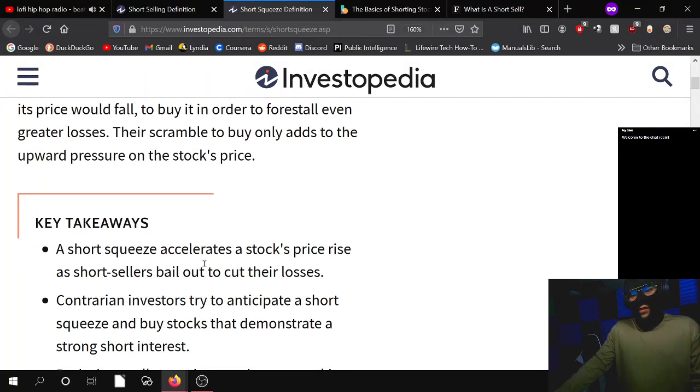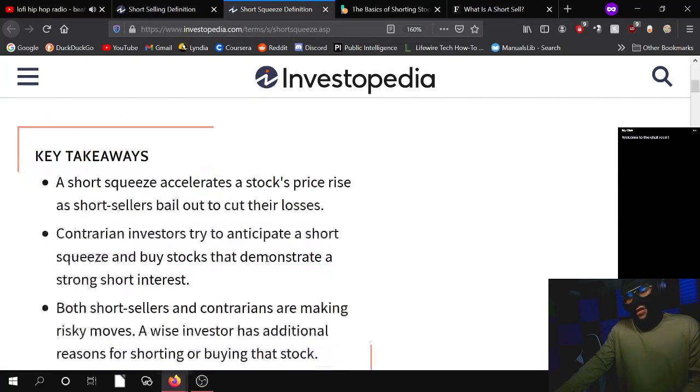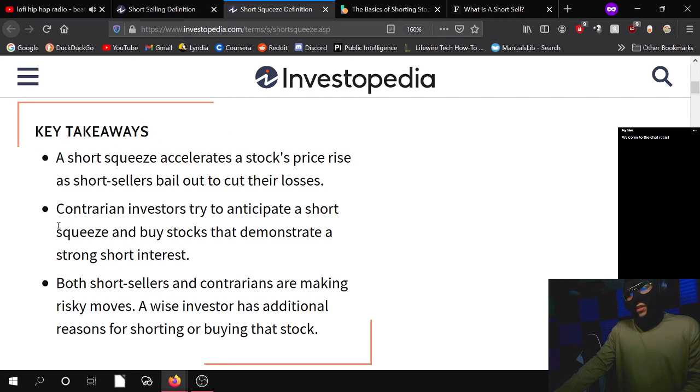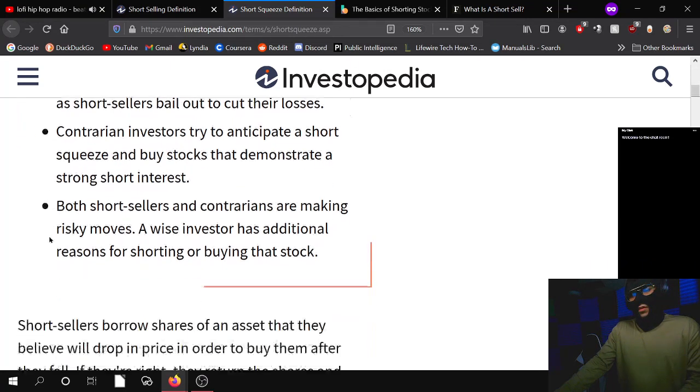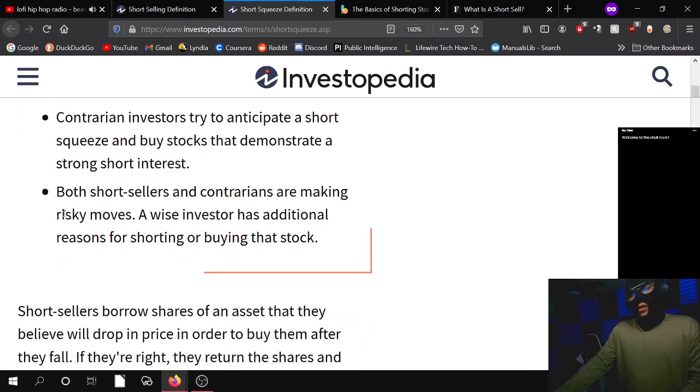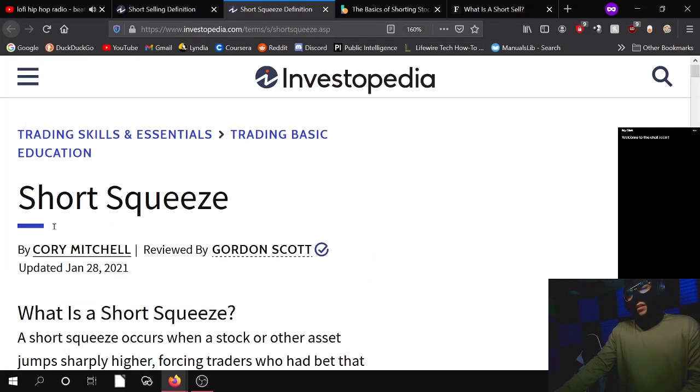A short squeeze escalates a stock's price rise as short sellers bail out to cut their losses. Contrarian investors try to anticipate a short squeeze and buy stocks that demonstrate a strong short interest. Both short sellers and contrarians are making risky moves. A wise investor has additional reasons for shorting or buying that stock.